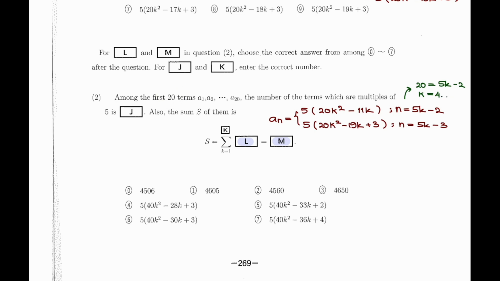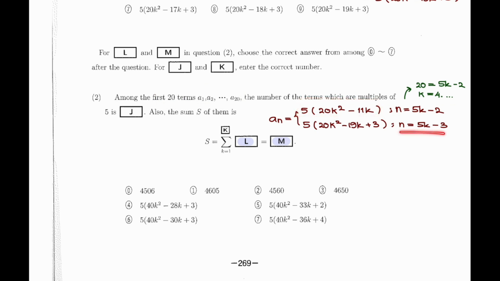That means for the first 20 terms of a, there are 4 terms which are multiples of 5 for the first equation, because I got k equals 4 point something. That means there are 4 values of k that will give this as a multiple of 5.